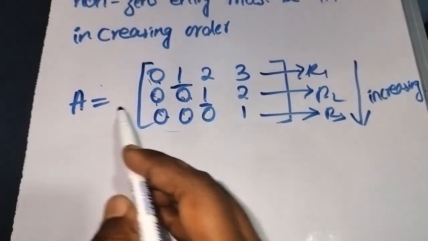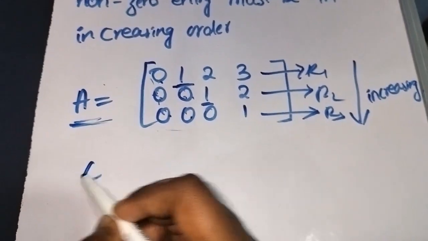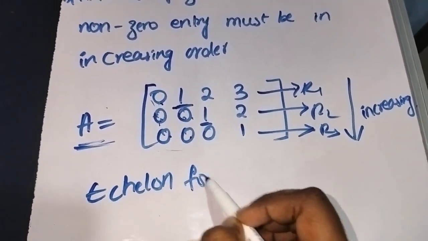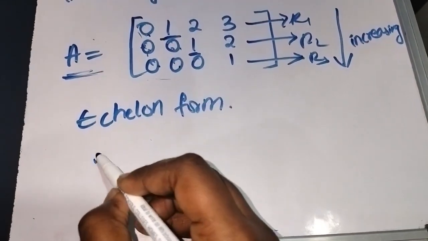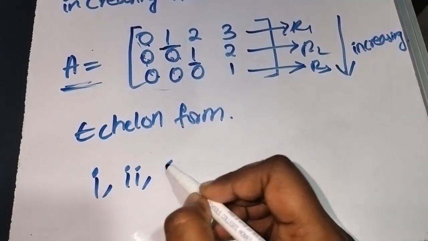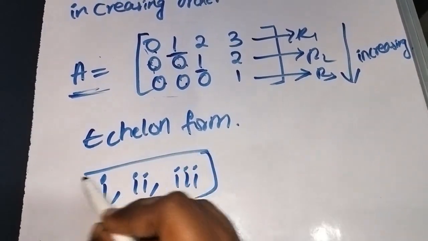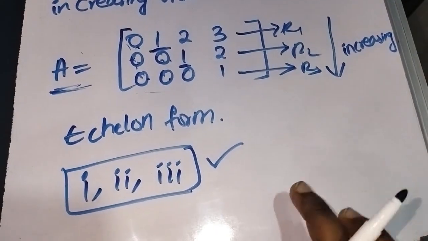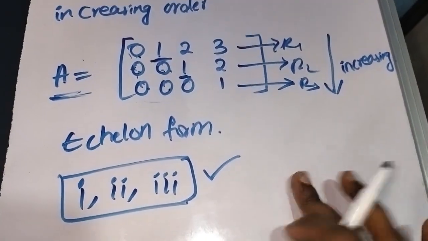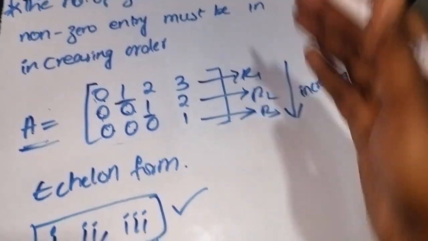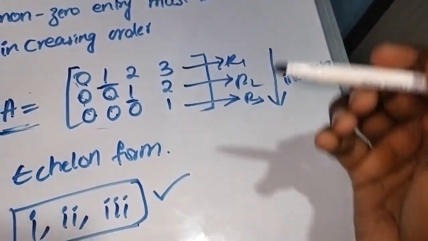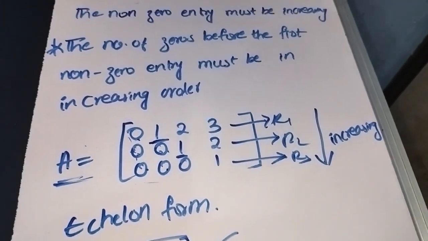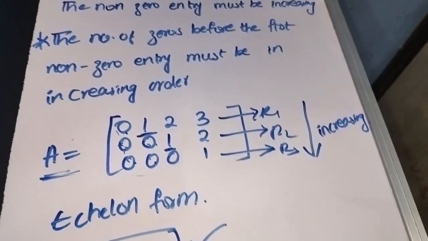Then only we say this matrix is in echelon form. If the matrix obeys the first, second and third cases, then the matrix is said to be in echelon form. Now, having learned all these cases, let's try some problems to get more clarity on the concept we have learned.